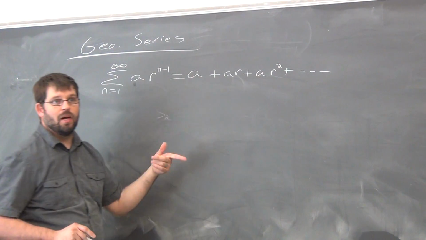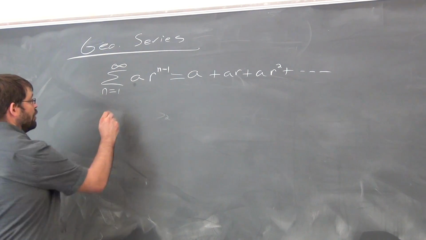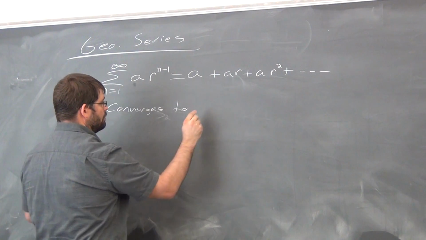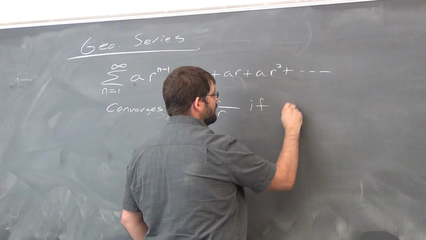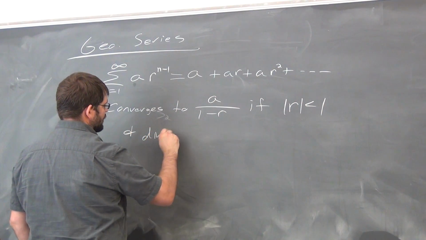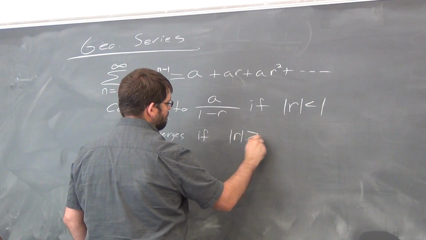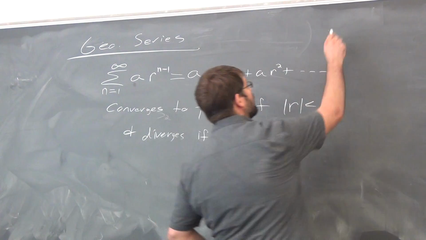So you're just taking some number and then multiplying bigger powers of r on it. It converges to a over 1 minus r if the absolute value of r is less than 1, and diverges if the absolute value of r is greater than or equal to 1.